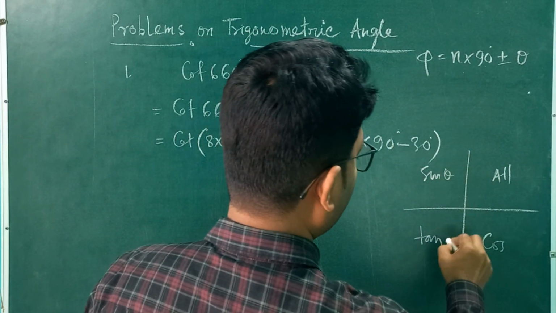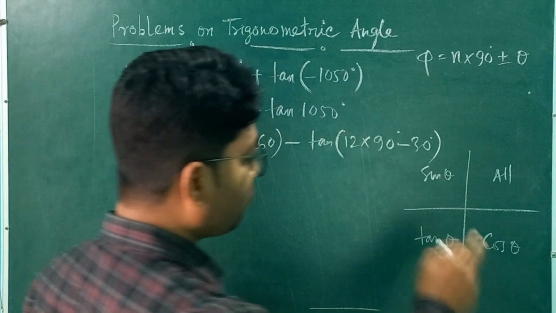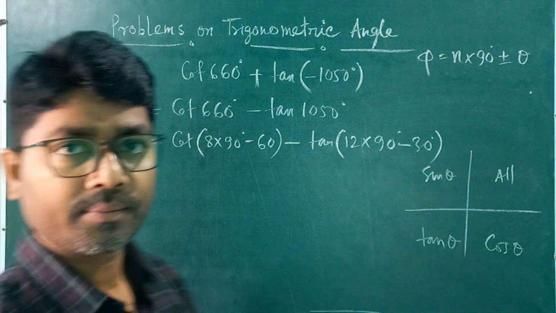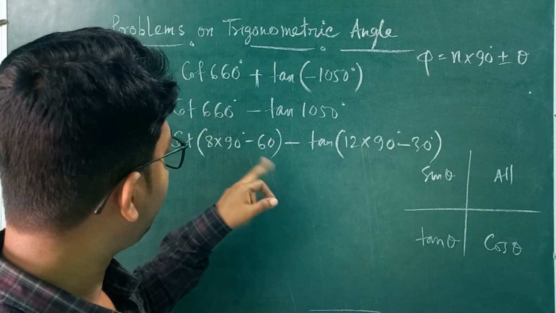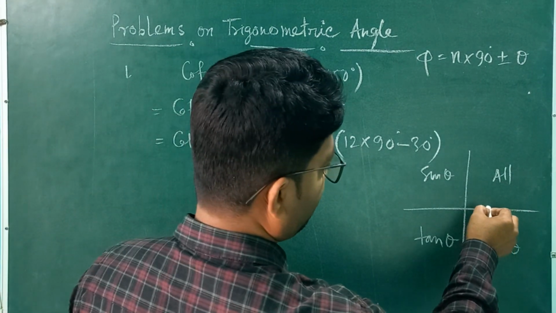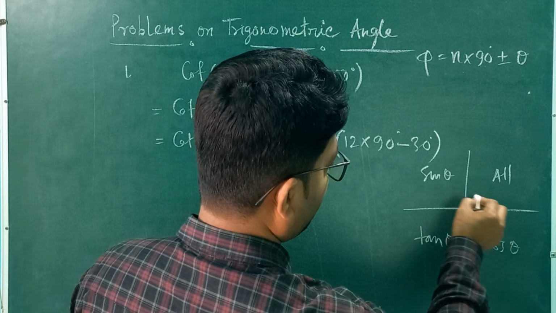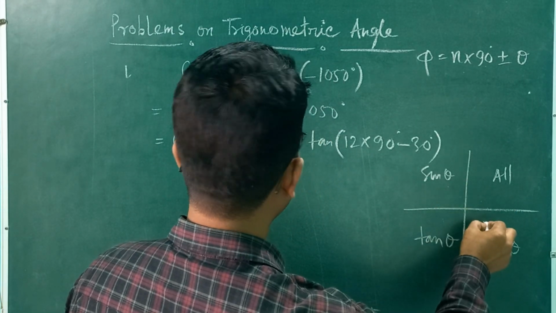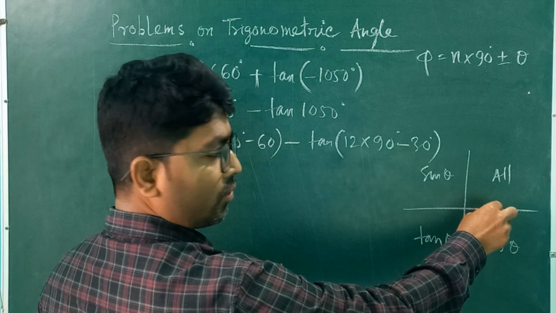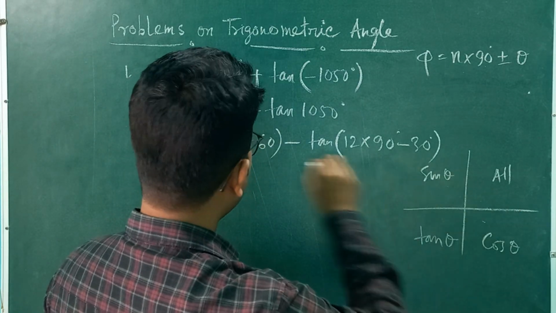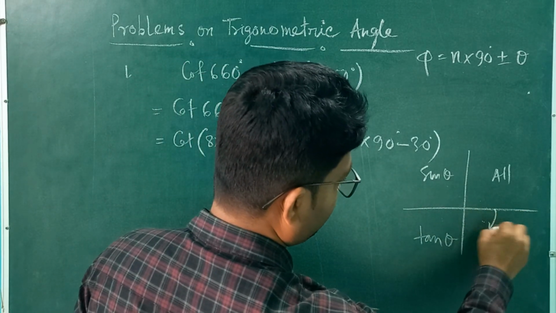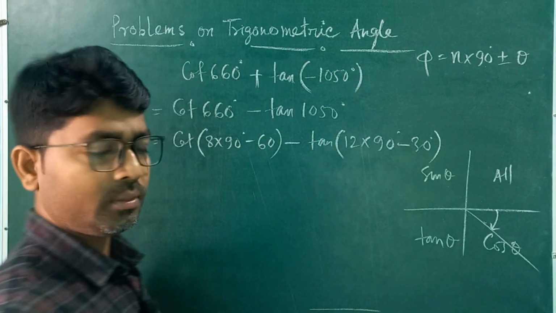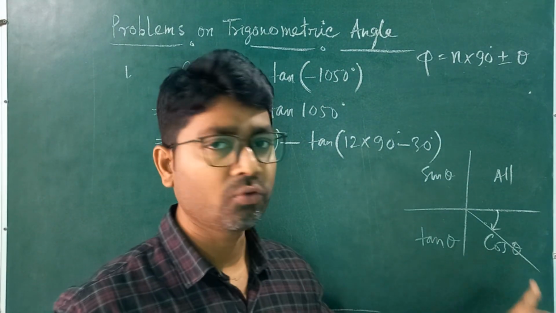That is, I have to check in which quadrant this angle lies. First of all, 8 into 90 minus 60. We start from this quadrant 1, 2, 3, 4, 5, 6, 7, 8. 8 into 90, you will reach here, and then minus 60. That is here. This angle lies on fourth quadrant.